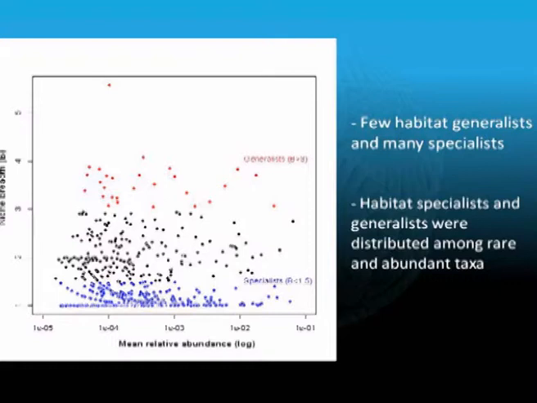Usually if you have a low B, you tend to be a specialist, and if the B is higher, you tend to be a generalist. So we saw that there are a few habitat generalists and many specialists. This agrees with other observations from general ecology, what you see in several communities. And we also saw that generalists and specialists seem to be distributed along abundant and rare taxa.